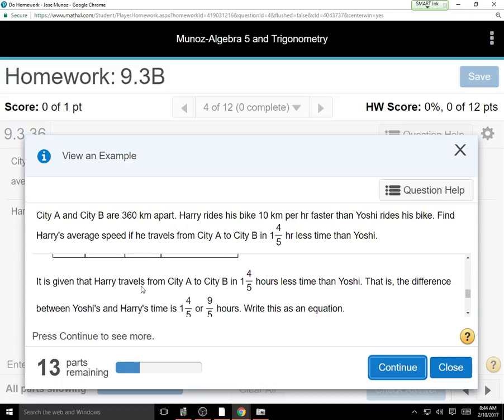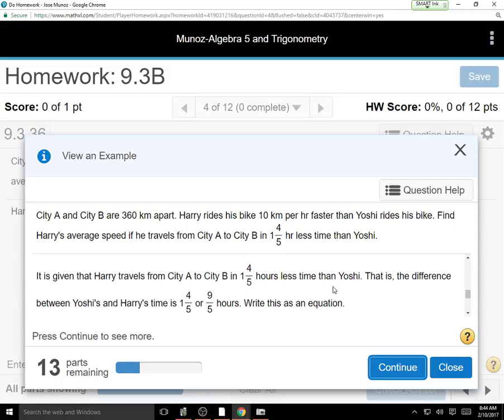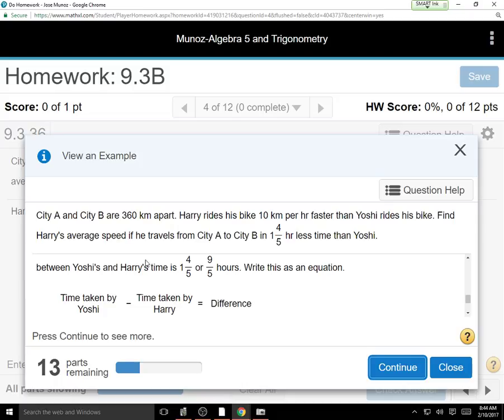Alright, it's given that Harry's travel from A to B is 1/5 hours less than Yoshi. That is the difference, which is 9/5. Time taken by Yoshi, time taken by Harry.